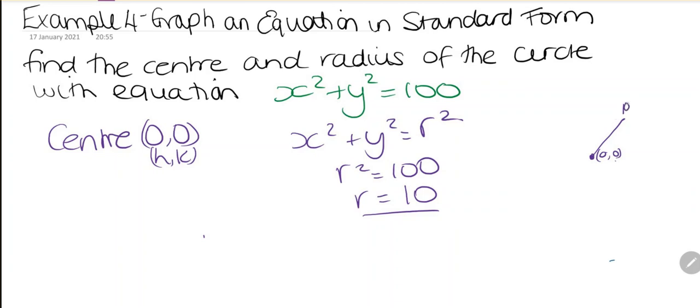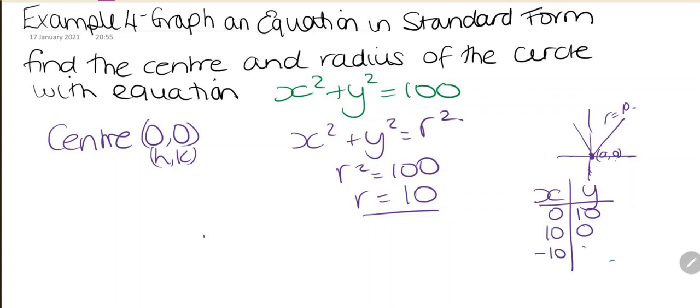So we can draw a table, x and y, so radius 10, and we know that we'll have values, and the radius is going to be 10, and we also know we'll have values which are symmetrical about the y and the x axes, so we'll have a minus 10, 0, and a 0, minus 10.